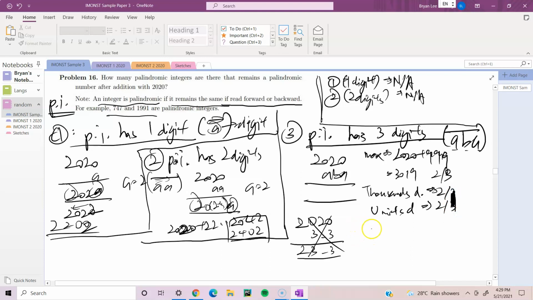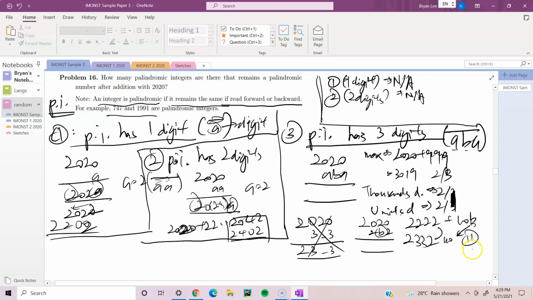So for the case it's 3, there are no cases. And then for 2, let's see. If our thousands digit is 2, the units digit is also 2, so 2020 plus 2 something B2. This will be 2222 plus 10b, because b is in the tens digit. What is the next palindromic integer after 2222? It will be 2332, which is a 110 increase. So if 10b is equal to 110, b would have to be 11.